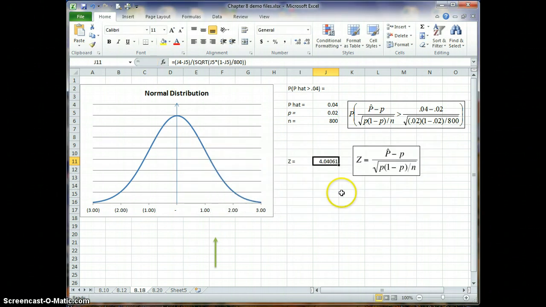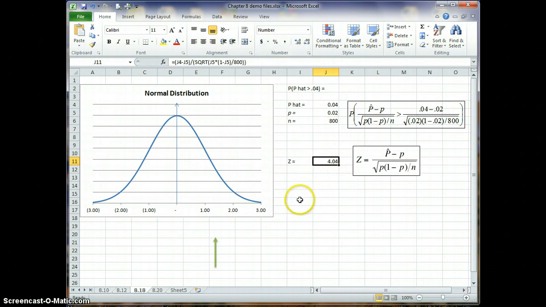Oh, I didn't like something in there, but it did give me the correct number, which is a z-score of 4.04061. We can shorten this by just reducing the decimals to 4.04.